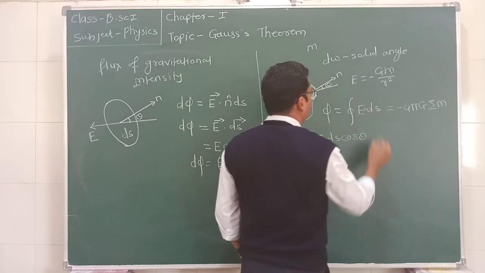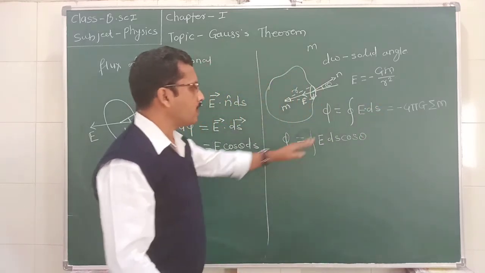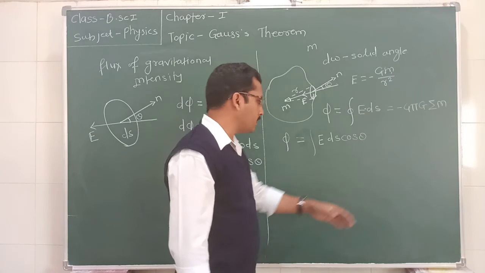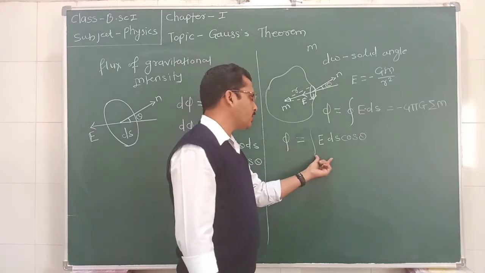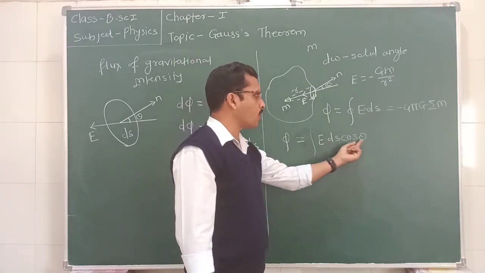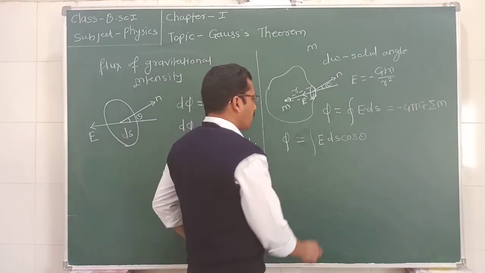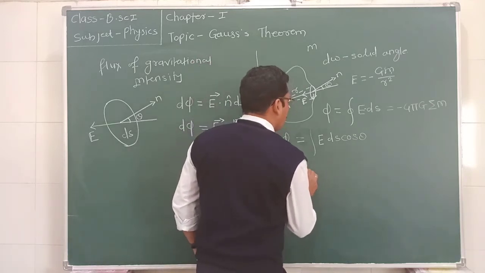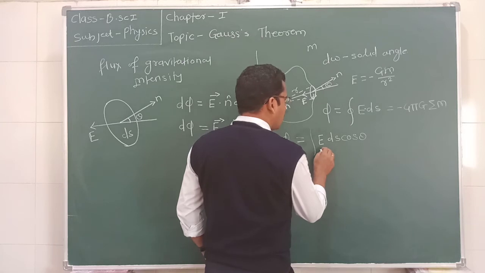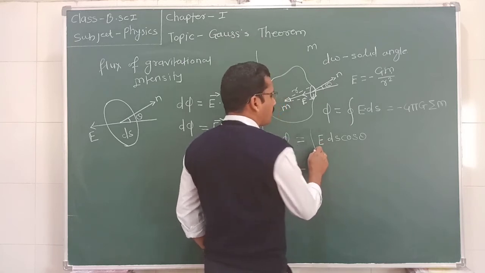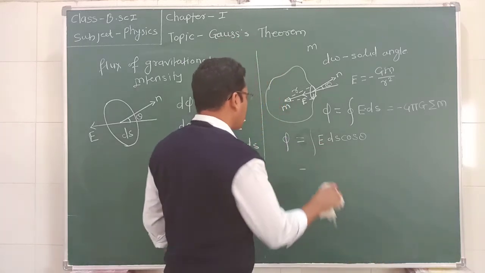This is the dot product between the gravitational intensity and this surface, so we can expand this term as E ds cos theta. But we know that this E is nothing but the gravitational intensity.